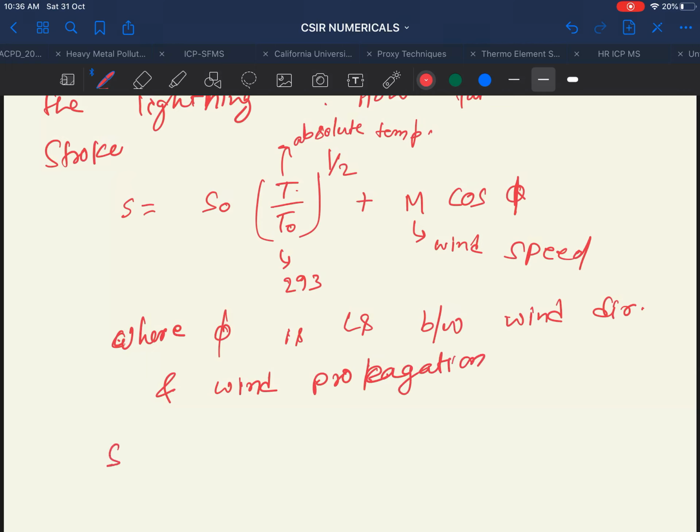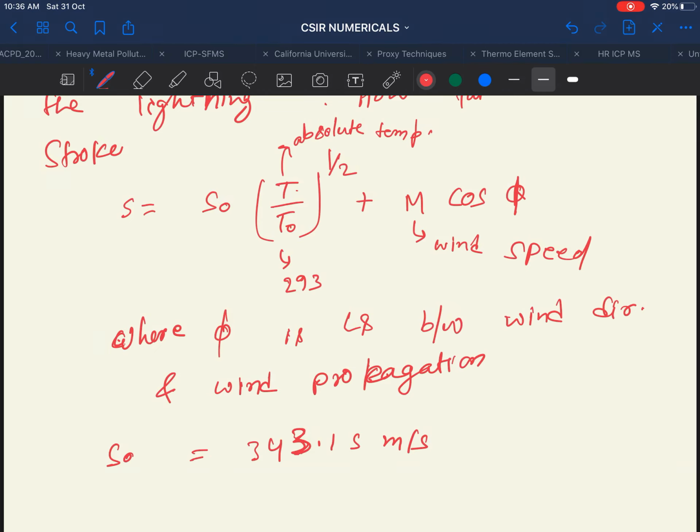S naught is given as 343.15 meter per second. This is the speed of sound, at 20 degrees Celsius.